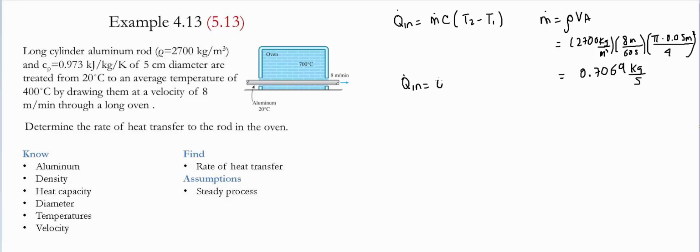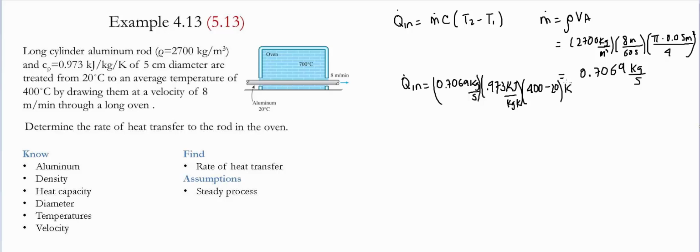We substitute these values directly in. The mass flow rate is 0.7069 kilograms per second. The value of C that we obtained previously is 0.973 kilojoules per kilogram Kelvin. And the change of temperature is 40 minus 20.